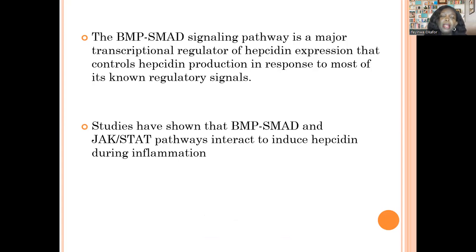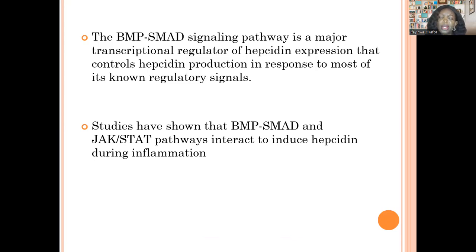The BMP/SMAD signaling pathway is a major transcriptional regulator of hepcidin expression that controls hepcidin production in response to most of its known regulatory signals. These include hypoxia, erythropoietin, inflammatory processes, and even increased upregulation of interleukin-1 and interleukin-6.